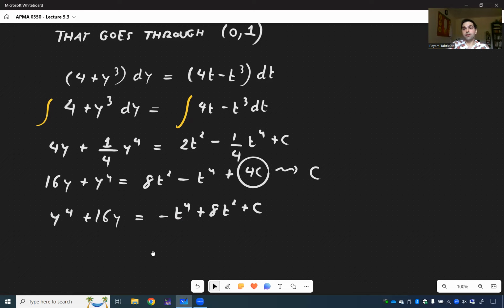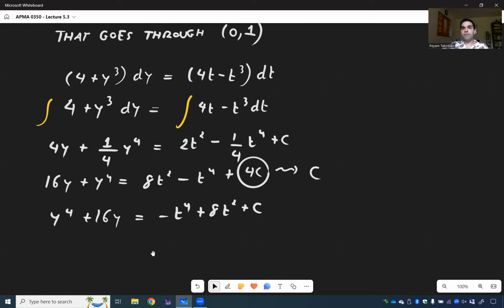Now, usually we're accustomed to solving for y equals something, which is called explicit form, but in this case, unfortunately, we cannot do that. Technically we can. There is a formula for fourth order equations, but we'll not go there.